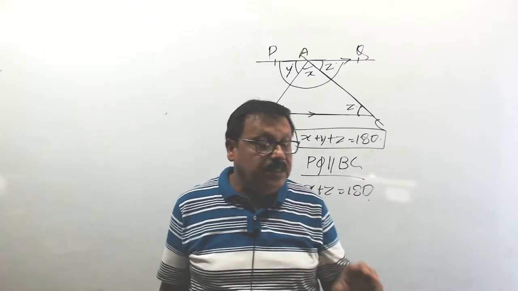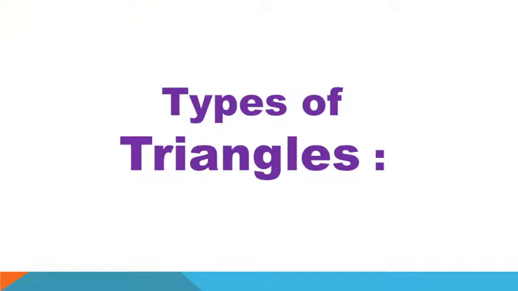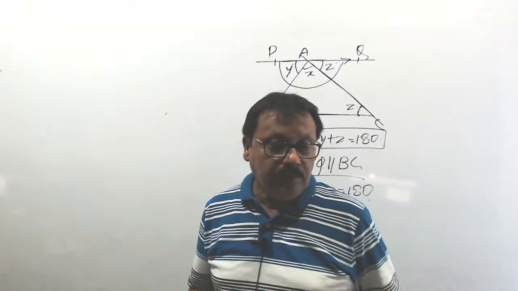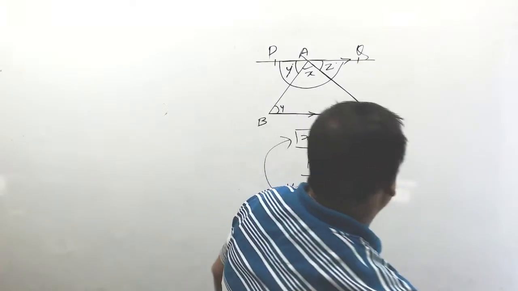Okay, so step by step on the basis of sides. On the basis of sides, equilateral triangle, details are given here, isosceles triangle and scalene triangle. Okay, on the basis of sides.